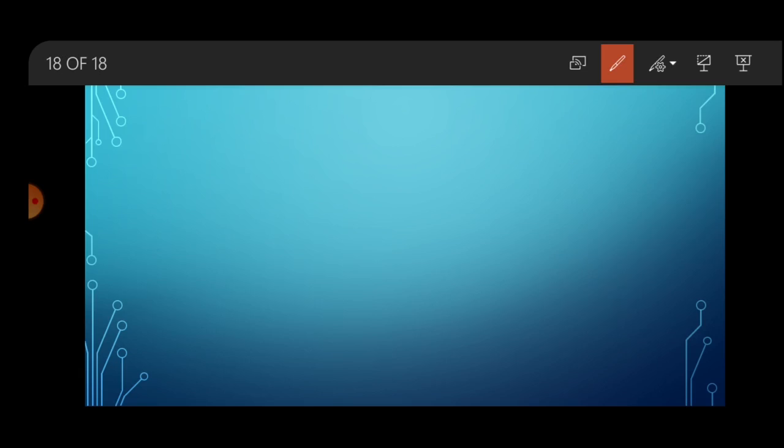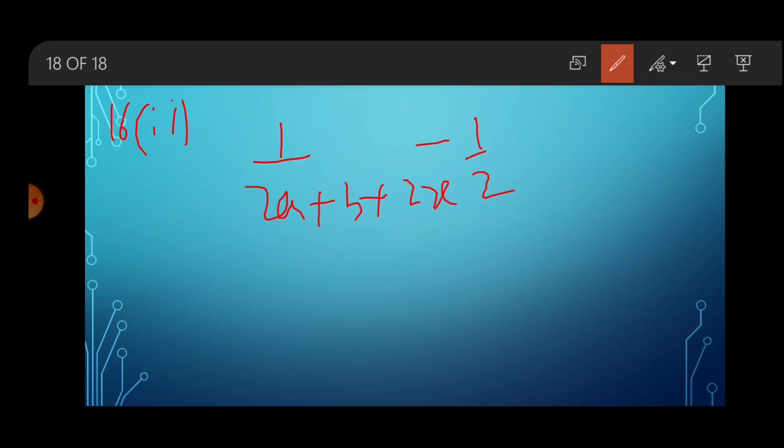to the second part of question number 16. So this again is a different question. So I will bring 2a to the opposite side, and b plus 2x will remain here. So now 2a plus b plus x into 2a will be taken as LCM.